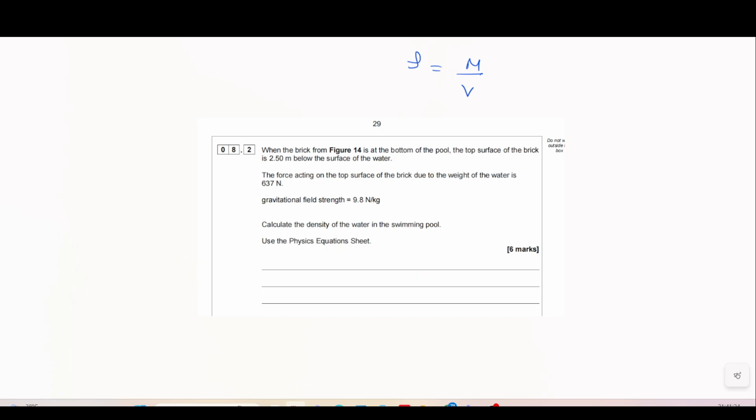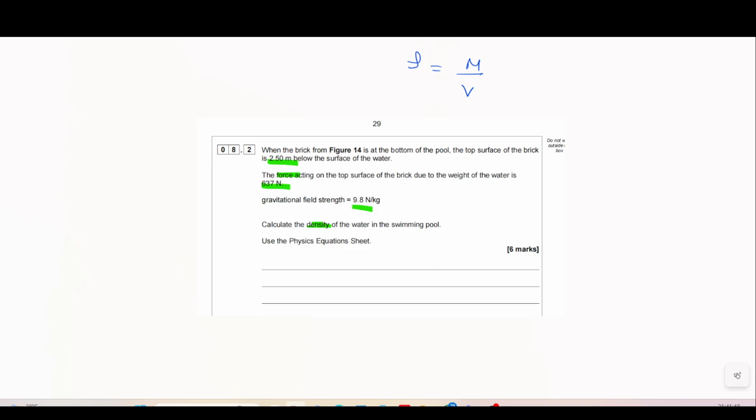But we need volume. We have force, we have area or length. You can see force is there, top surface is there, g is there. We need to calculate density.